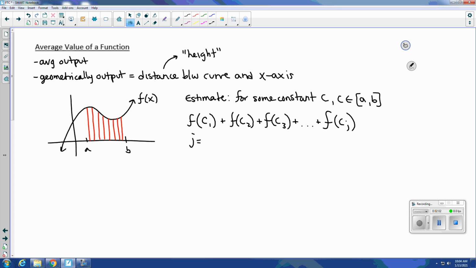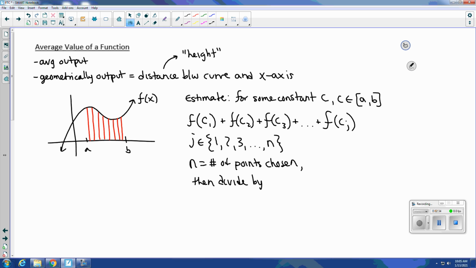And j is going to be an element of the set that ranges from 1 up to n, where n is going to be the number of outputs we choose to use for our estimate. So we add them all up and then divide by the number of points chosen. So we add everything up, then divide.